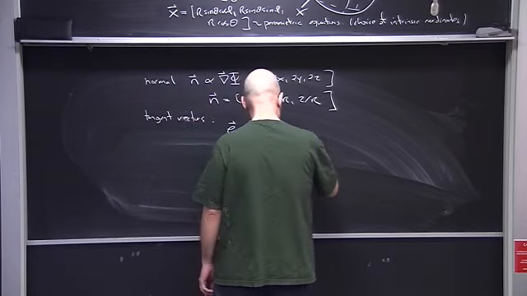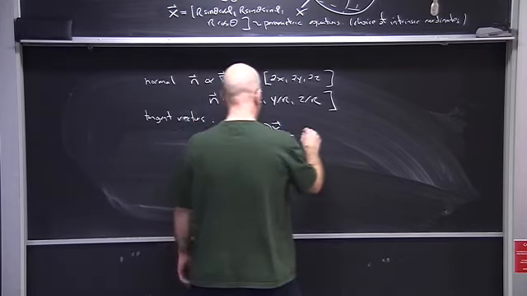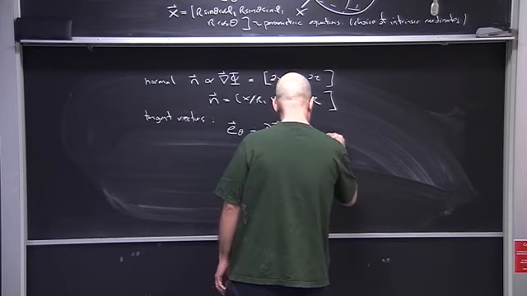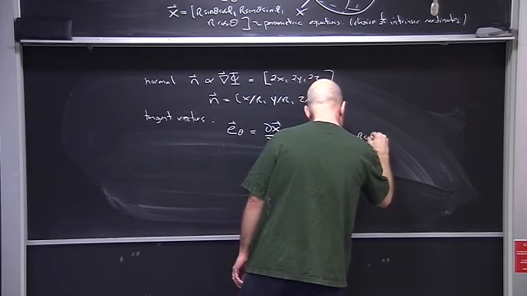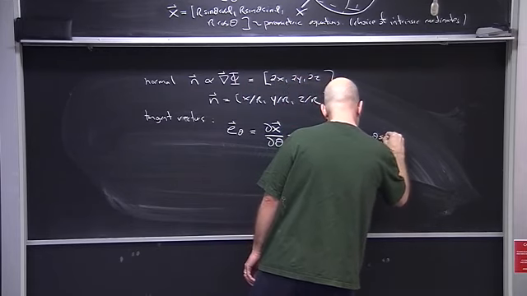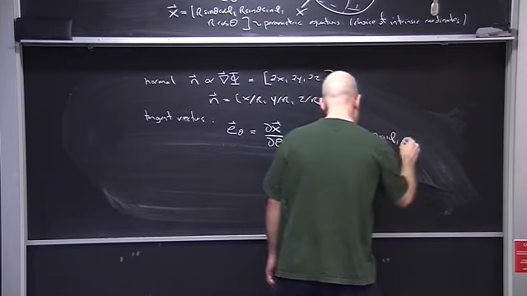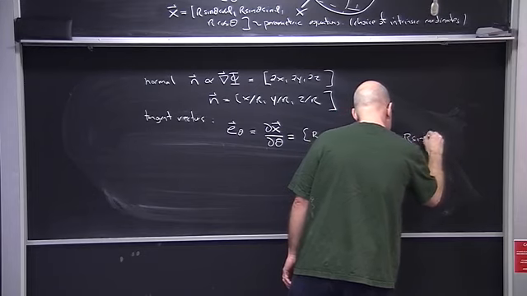And for this tangent vector, I just take the partial derivative, I get r cosine theta cosine phi, I get r cosine theta sine phi, and I get minus r sine theta.